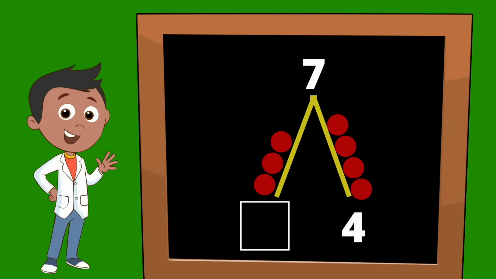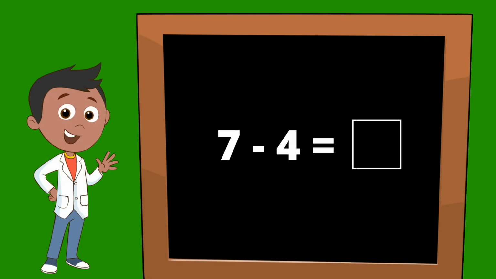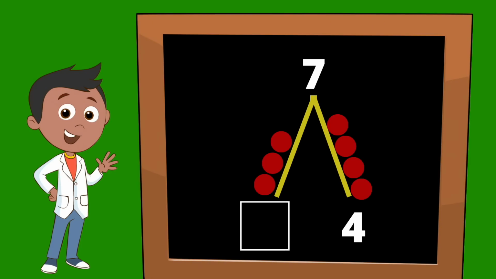Now that we have our 7 circles, we need to think back to our equation. Our equation is 7 minus 4. Minus means we are going to need to take away 4 circles. So let's cross out the 4 circles on the right side. The circles on the left side are going to create our mystery number.